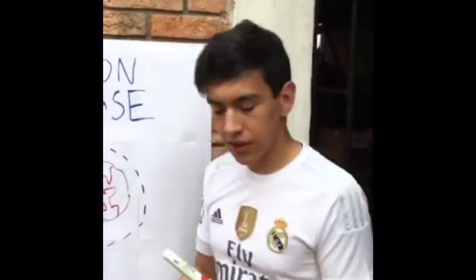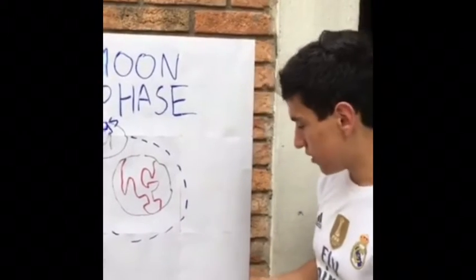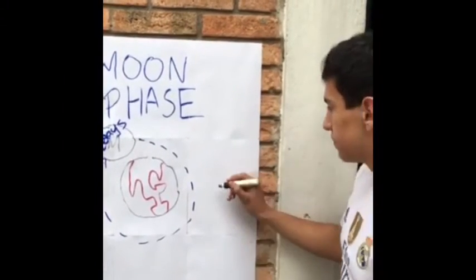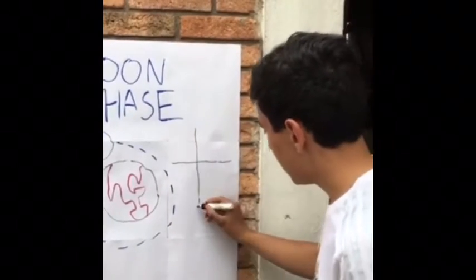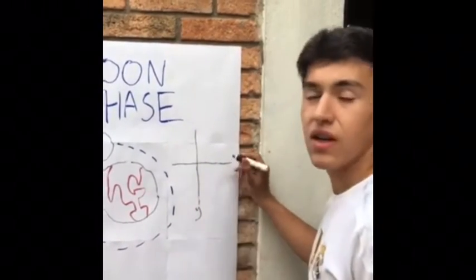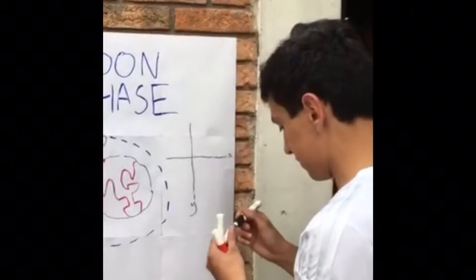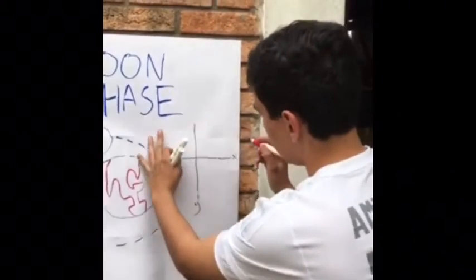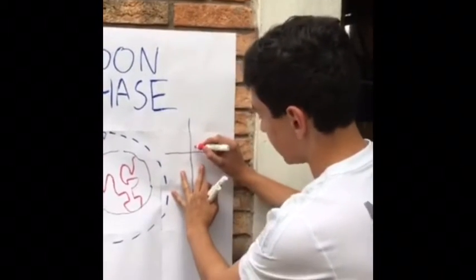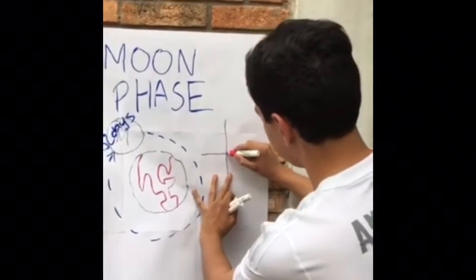Now, if we want to represent this on a graph, what we have to do is this. We draw our y-axis and our x-axis. If we want to draw for sine, we are going to do this.